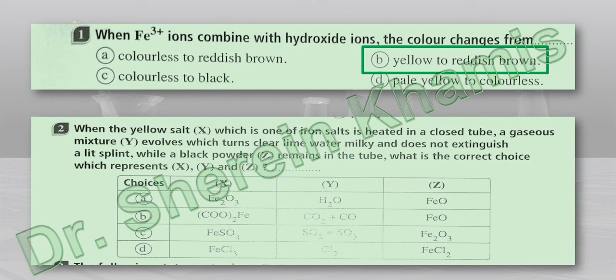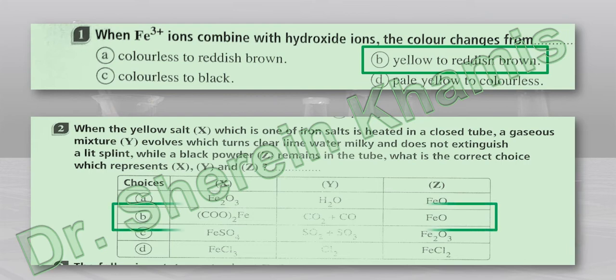The third choice will be iron sulfate, sulfur dioxide and sulfur trioxide, and Z will be iron 3 oxide. The last one: iron 3 chloride, Y chlorine, and Z will be iron chloride.